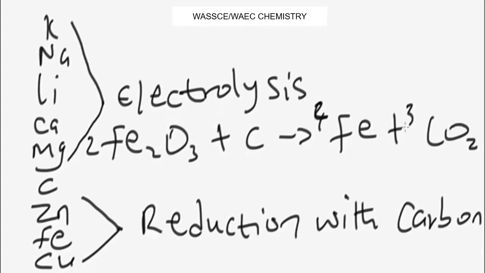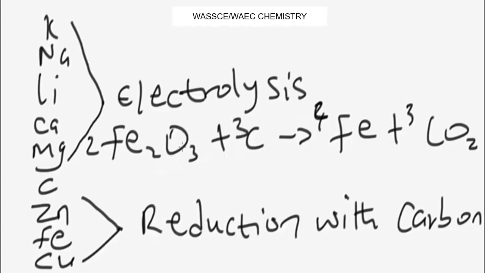What of carbon? We have 1 atom of carbon at the left, we have 3 atoms of carbon at the right. So to balance our carbon, I'm going to add 3 here.